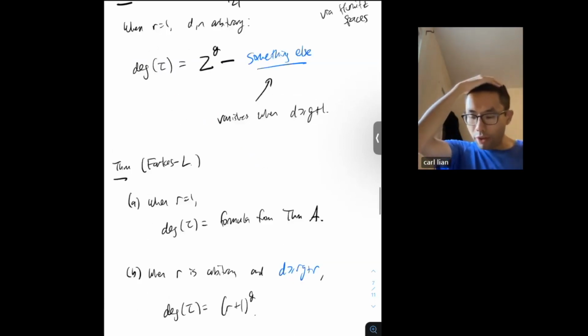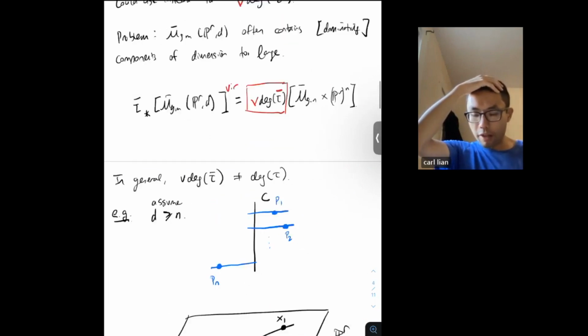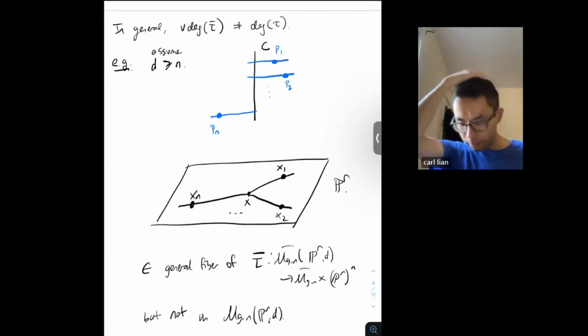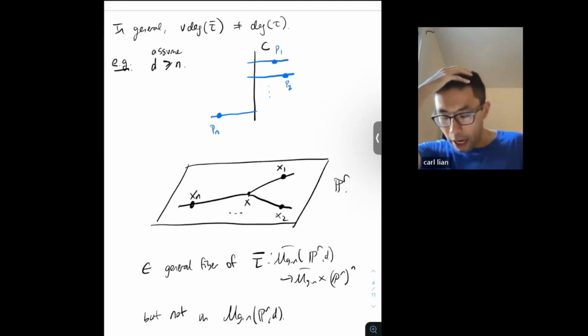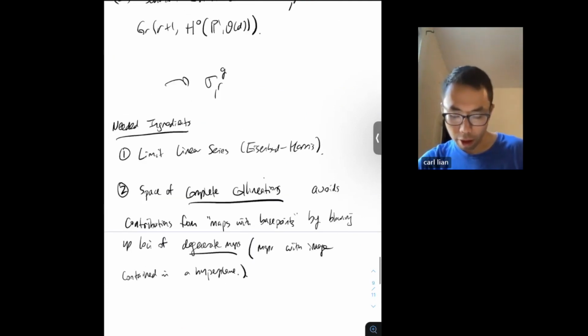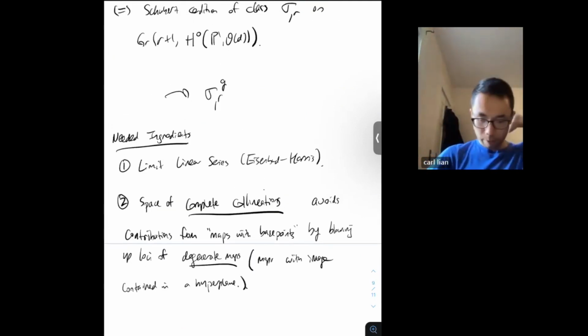So the worst thing you have to avoid is constant maps, right? Those are maps where you have R+1 sections that are all scalar multiples of each other. So these are clearly very bad, and all these bad loci have to be blown up. And this is what this space of complete collineations is going to do for you.